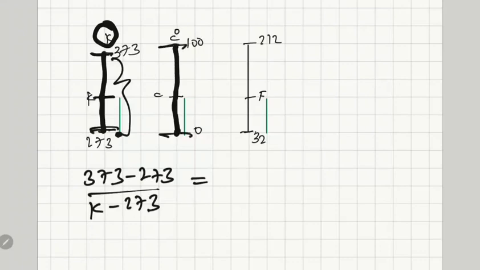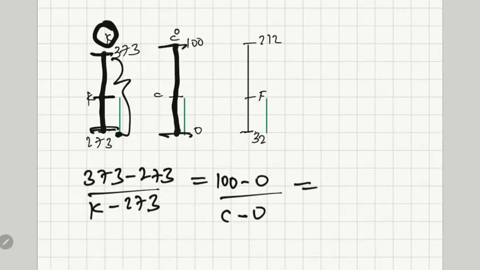The number of divisions between the upper fixed point and the lower fixed point in Celsius is 100 minus 0. But the green line in Celsius is C minus 0.